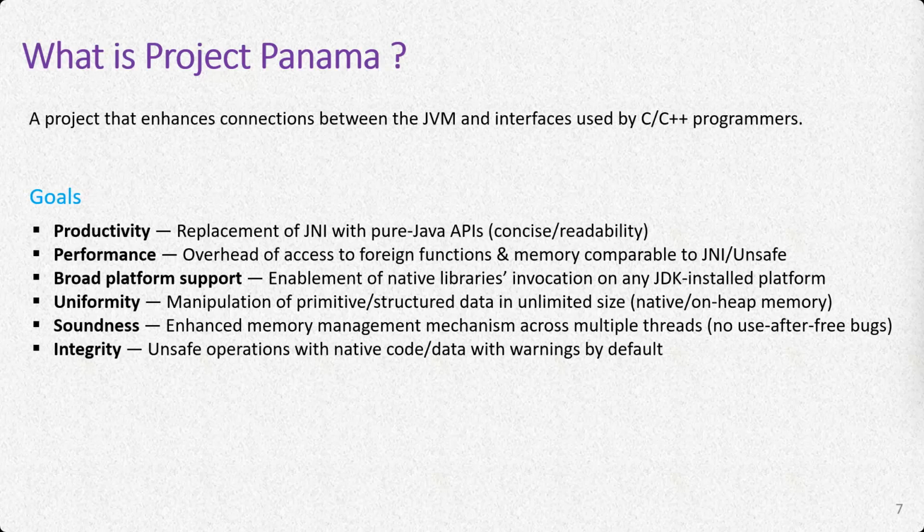And the memory allocation is well managed and automated to ensure it works well in terms of multi-threading. Apart from that, users will be reminded by a warning by default when they're dealing with any restricted APIs like dereferencing pointer-related memories. So the goals cover every aspect we're concerned about when struggling with the JNI or unsafe APIs in native access.